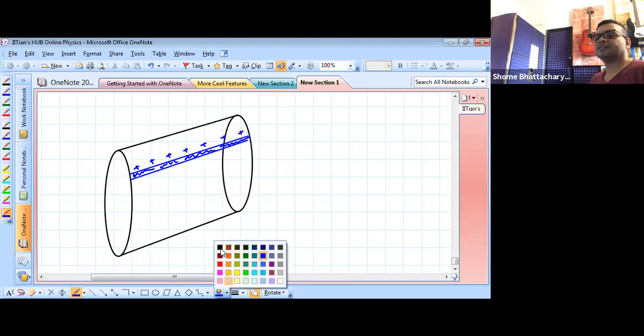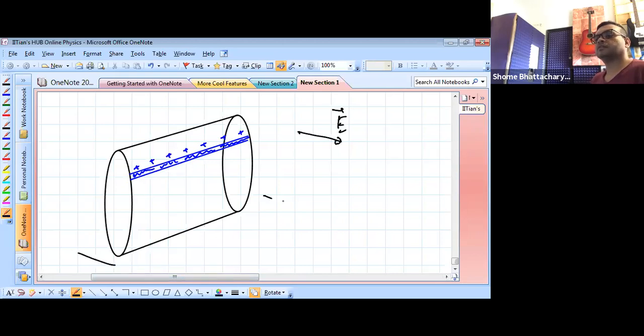Now if I switch on an external electric field, which is in this sort of direction, parallel to the surface on which it is lying, what will happen? Each element here will experience small force vectors like this.